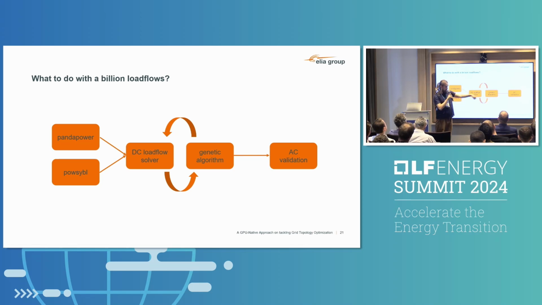But basically, we have an optimization loop. You can call it a brute force search. It's a little smarter than brute force, but not a lot smarter. And in the end, we validate everything on AC to make sure that the assumptions we made still hold, since DC is a linearization, so we make an error in our load flow computations. Whatever we computed on DC is not really worth anything unless we know it still works in AC.